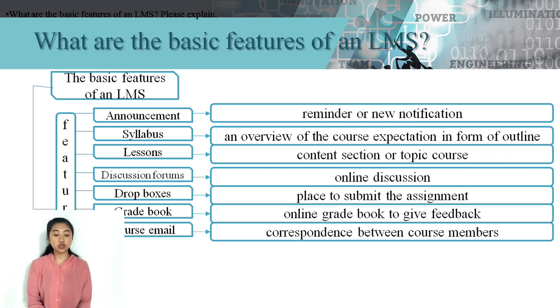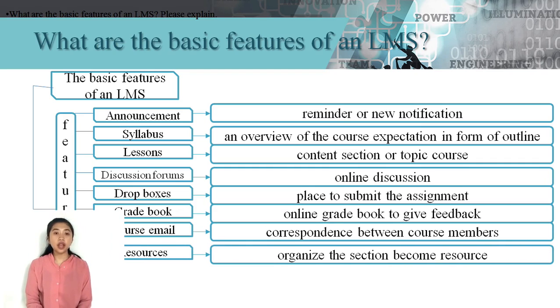The last feature is research. Organize the section to become research. The material provided in the course learning such as websites, games, video recordings, and etc. The teacher will provide the link to make it easy for the students to access.